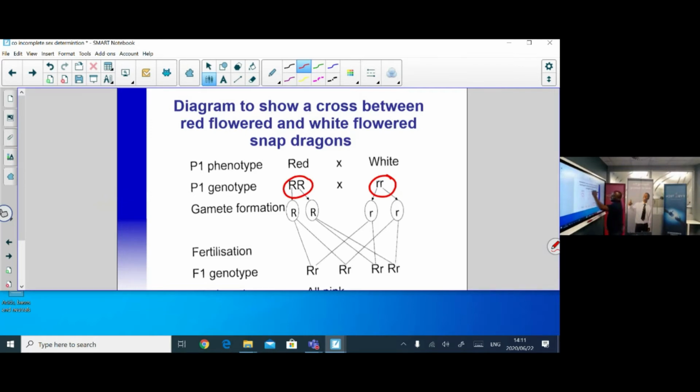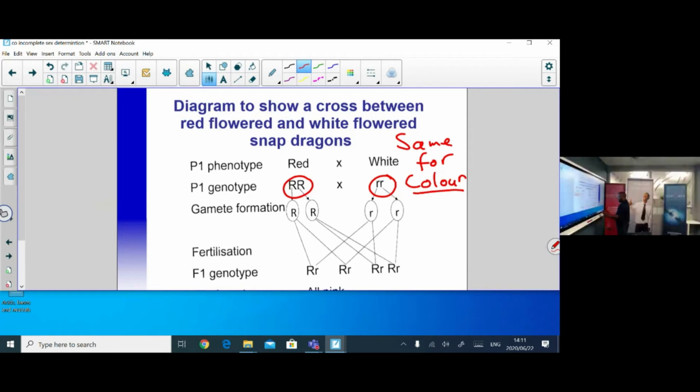For consistency, we are dealing with the same gene here, the same gene for color of the flower. So we still maintain the same letters.